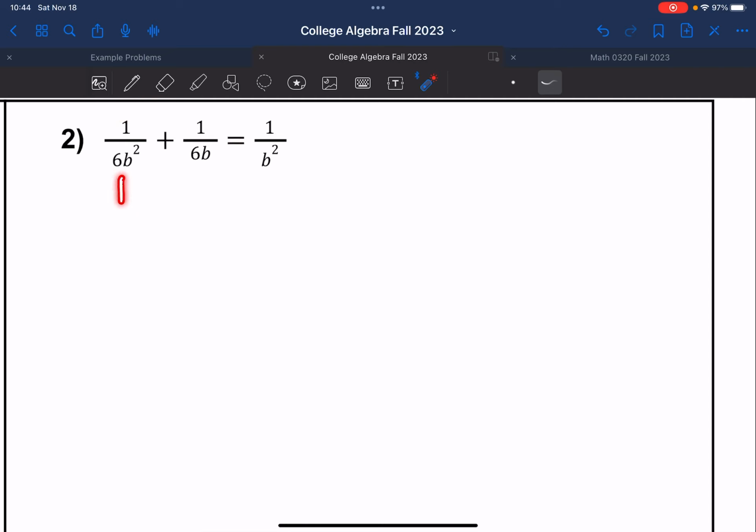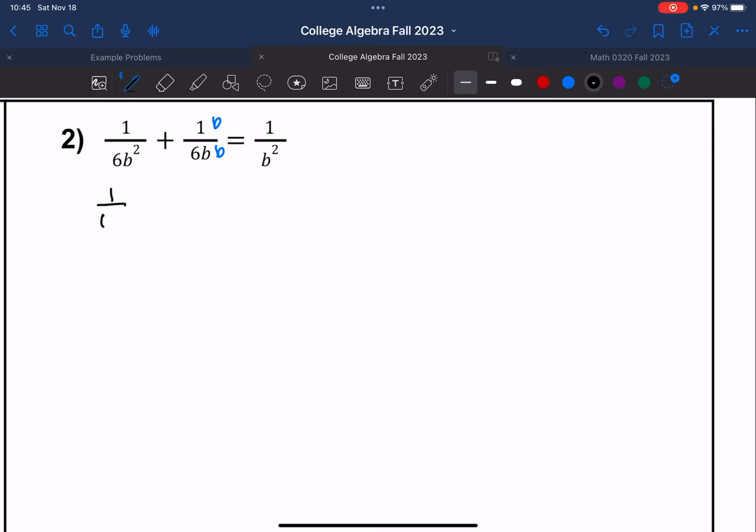So notice that I have 6b squared and then I have 6b. Meaning if I'm finding a common denominator between both of them, I'm looking which one is missing something. They both have 6's. They both have at least one b, but this fraction is missing an additional b. So I'm going to be multiplying the top and bottom by b.